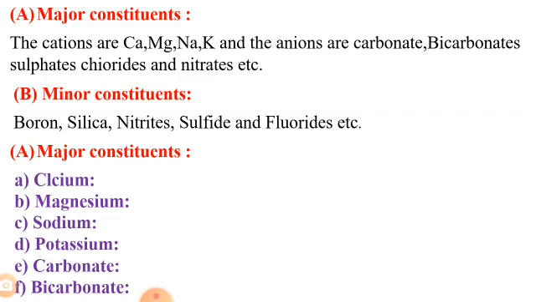Then our next constituent is potassium. Symbol is K. Except silicate minerals, most of the potassium salts are readily soluble in water. Potassium silicate is insoluble in water, but other salts of potassium are readily soluble.